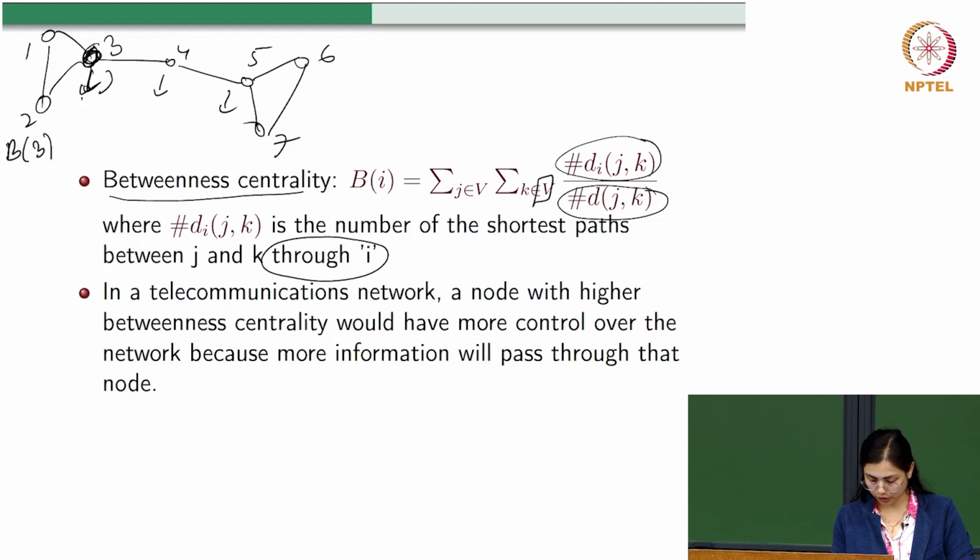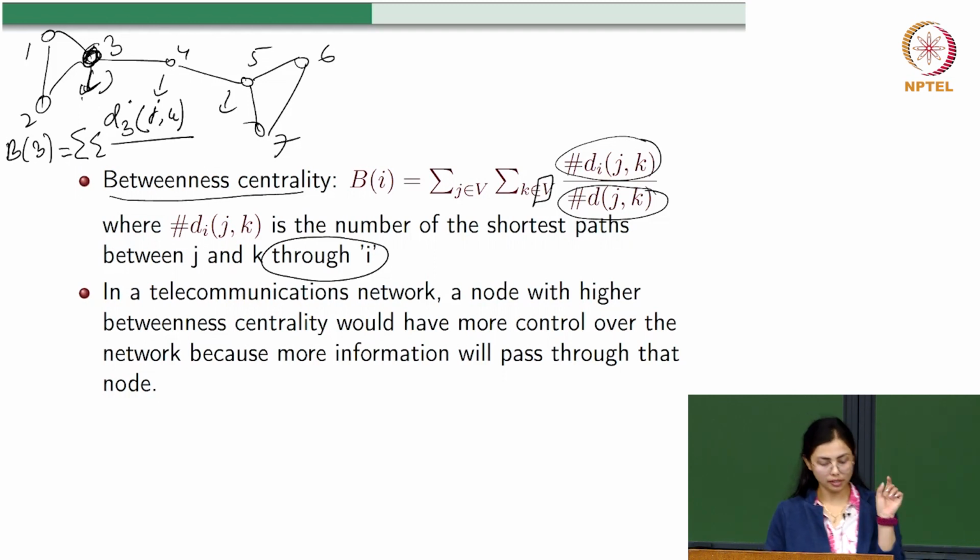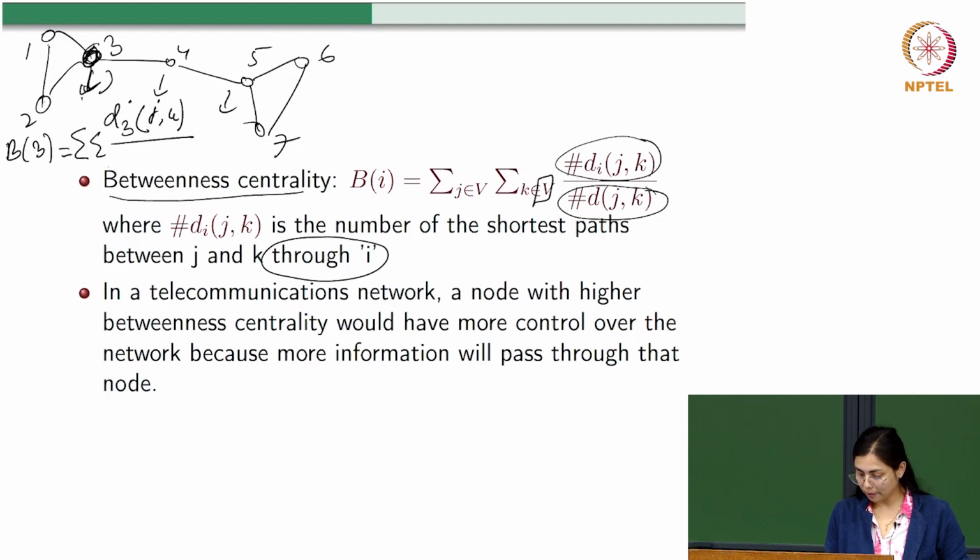You have to consider all pairs. So 1 and 2, is there any path through 3? No. 1, 4 definitely one path. 1, 5 definitely one path. 1, 6 and 1, 7. So you have to consider all pairs. This is how you calculate.